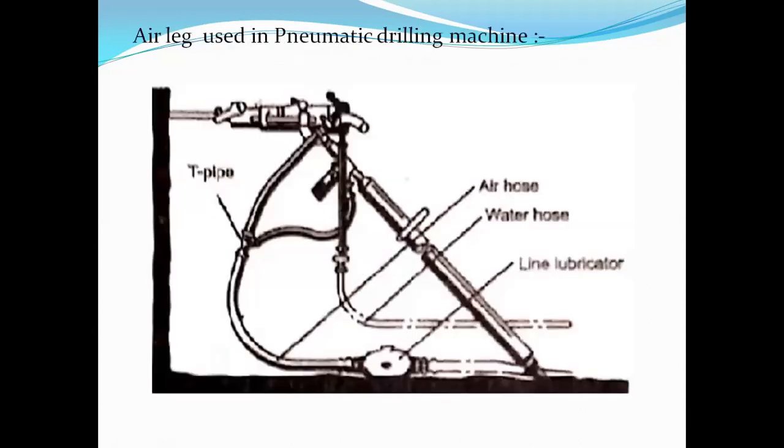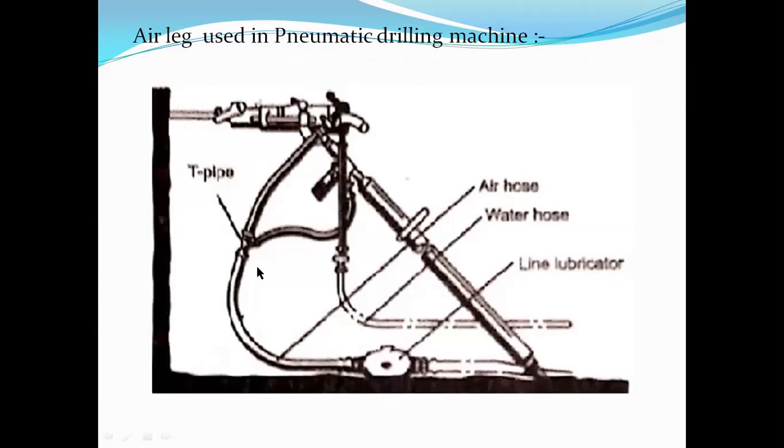So let's move on. This topic I actually missed out in the previous video lecture, so I just added it here. Along with the pneumatic drill, there will be an attachment called an air leg. If you look here, this is the air leg. It is used to hold the drilling machine in any desired position. It is operated by means of compressed air.